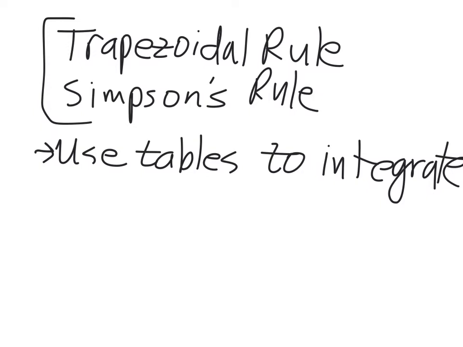Now, in some of these other sections, especially the trig substitution, parts of the problem you may be able to use the table on. Like with that integration by parts that I showed you earlier, the secant cube, part of it ended up being the integral of secant theta d theta.